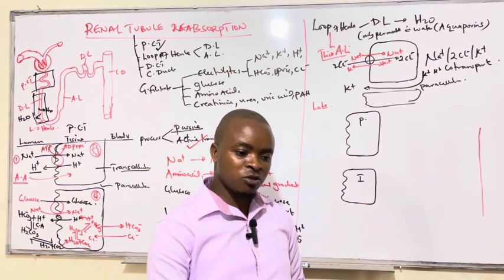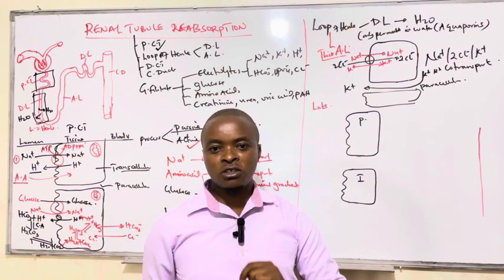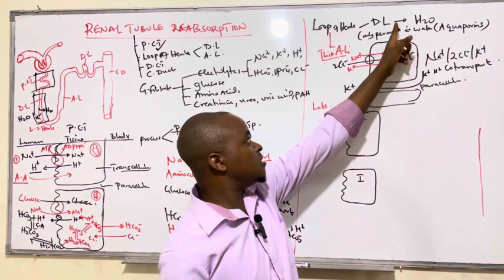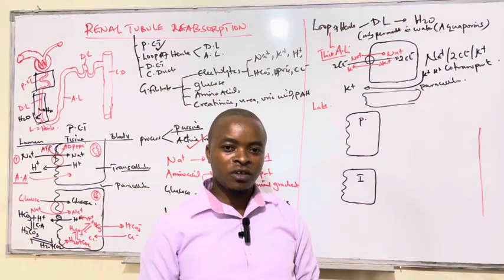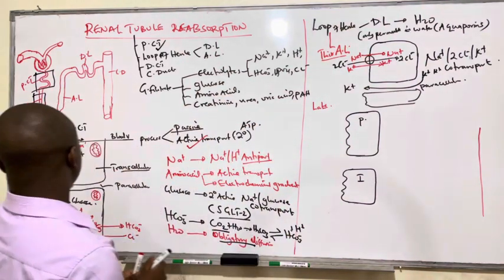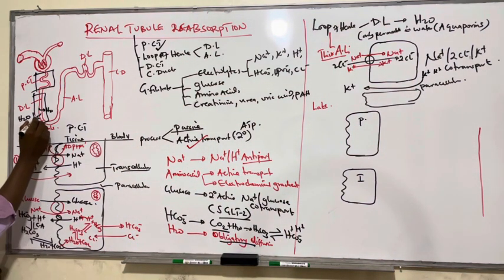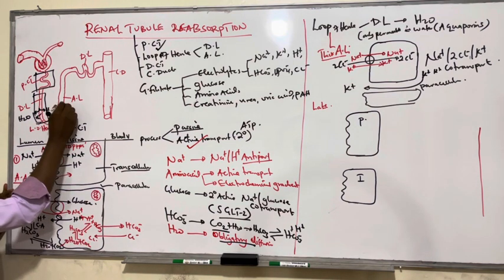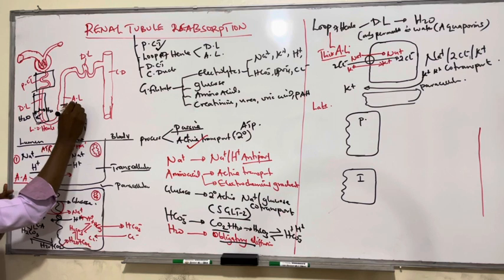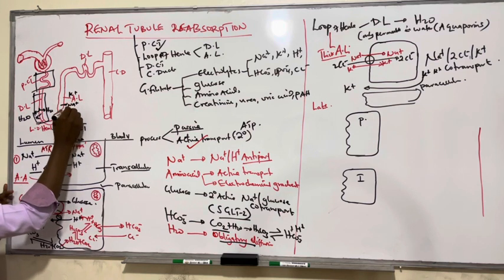We see only reabsorption of electrolytes, but not of water. Then in the descending limb, reabsorption of water, no reabsorption of electrolytes. So when we come back here, we are losing water into the interstitial space and back into blood. Here we are not losing water, but we are losing only sodium, potassium, chloride.